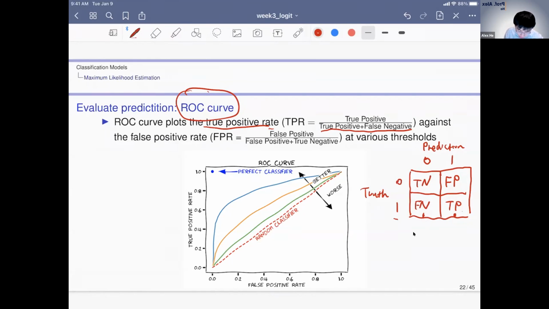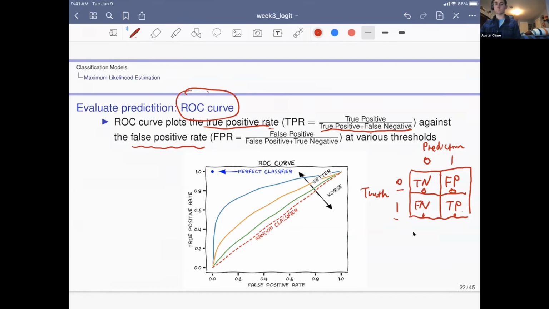And then you have the false positive rate, which is the false positive divided by the false positive plus the true negative. That means when the truth is negative, what is the probability that you find a positive?